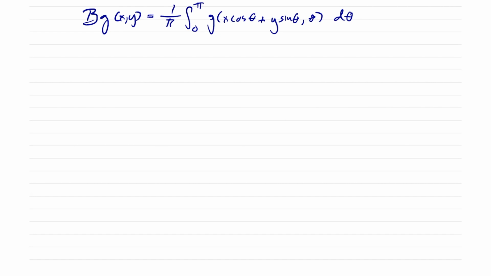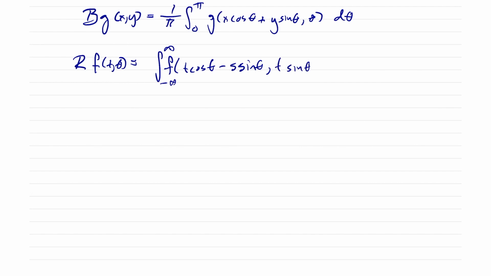And then if we take the Radon transform of a function f of t, theta, this is equal to the integral from minus infinity to infinity of f of t cosine theta minus s sine theta, comma t sine theta plus s cosine theta, d s.